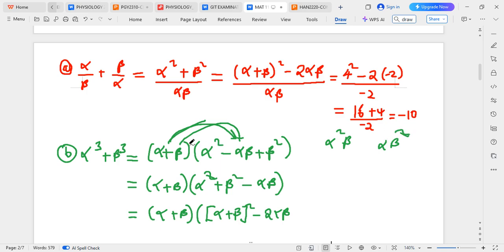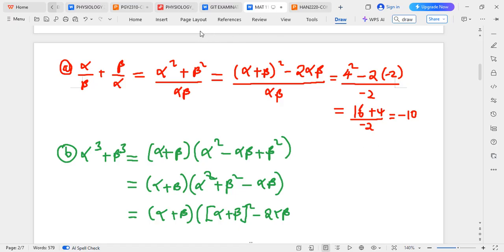And then if you multiply this with this, it's going to give you alpha cubed. This times that will give you alpha beta squared. So there's no need to put a 2 there. If you try to expand, it will give you alpha to the power 3 plus beta to the power 3. So that's the goodness with mathematics.